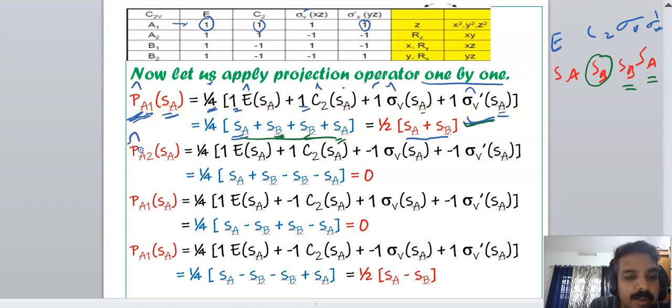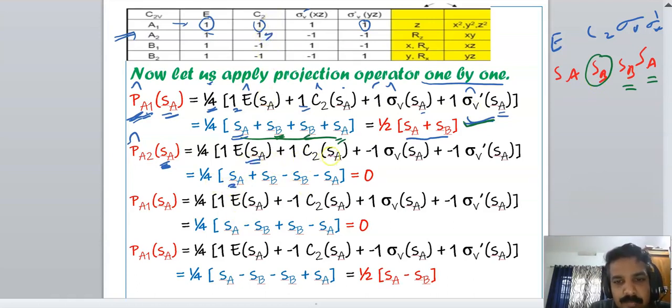Then P A2 on SA. Okay, the A2 symmetry projection on the function SA. Again 1 by 4 into here 1 into E SA, E SA is equal to SA. Then again C2, here the character is 1 again. Therefore 1 into C2 into SA is equal to SB.